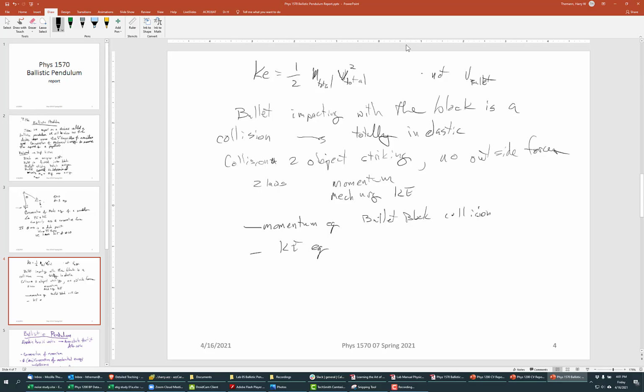Now they don't equal each other, but you show the derivation where you can plug in the V final from momentum into the KE final of the block and the bullet. And I leave that to you to dig through your notes to get all that.